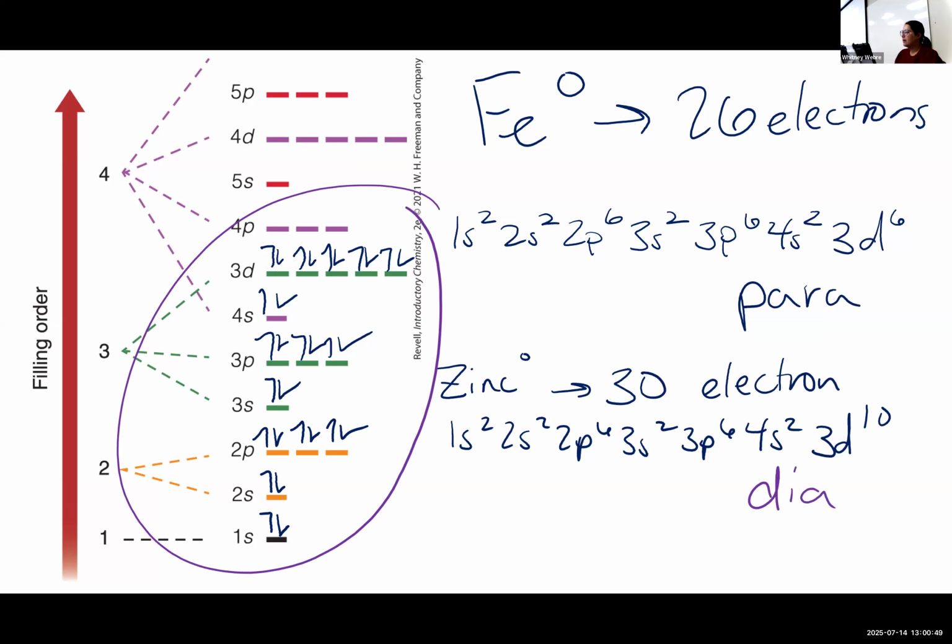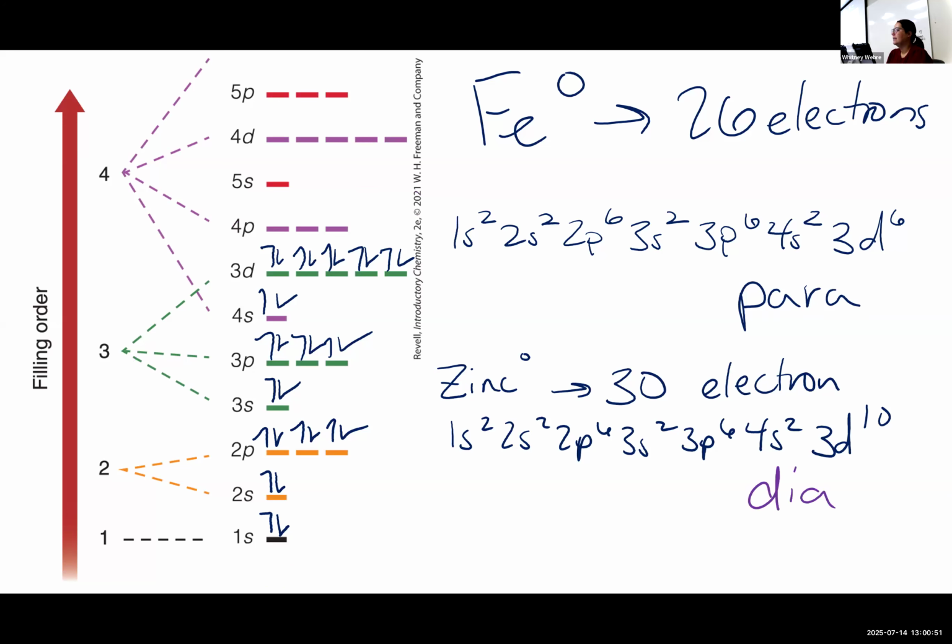All right, zinc. Does anyone remember the charge that zinc likes to have if it was an ion? It's one of a set number. Zinc and cadmium are always +2. So I'm going to take this neutral out and I'm going to put a 2 plus here. If it's 2 plus, how many electrons? If you have a positive charge, you're removing electrons. So a 2 plus means I am losing 2 electrons.